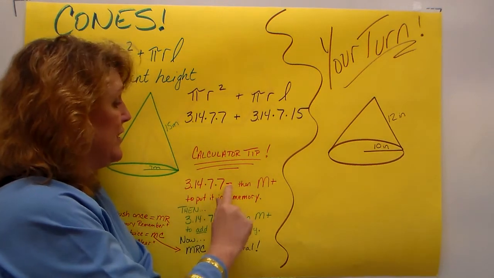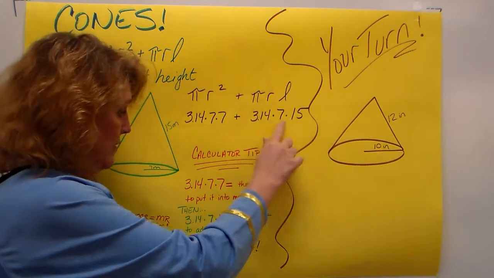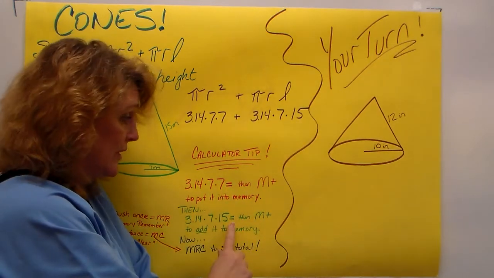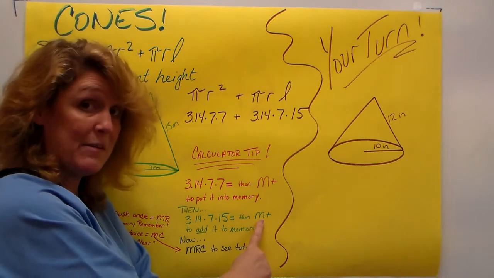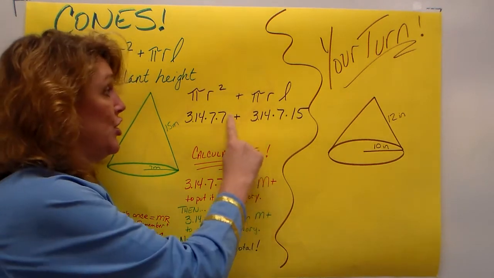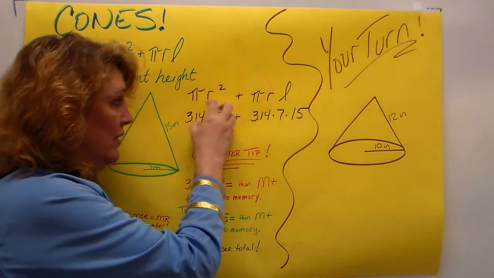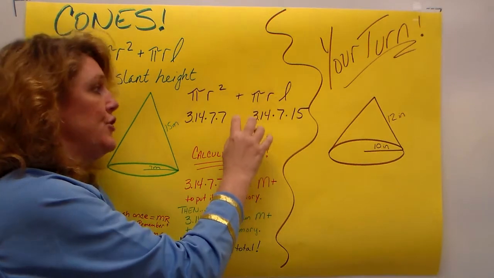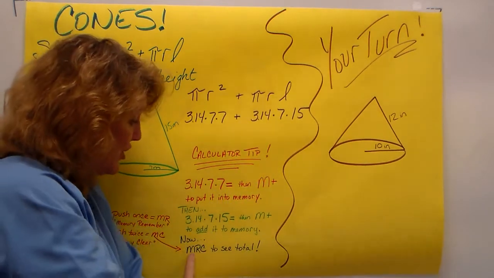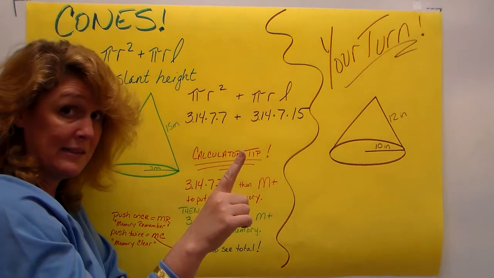So you do this, equals, and add it to memory. Then you do this one, okay? You hit equals, and then you add it to memory, and it adds it to this one. And now you've added the two of them together. You've taken this total, and then you've taken this total, and you've added them together. All you have to do is hit MRC to see the total. Push it once.